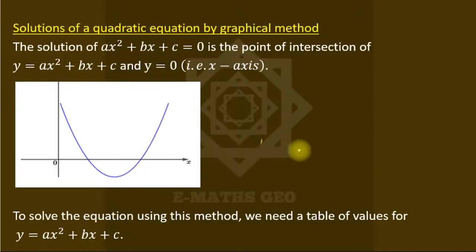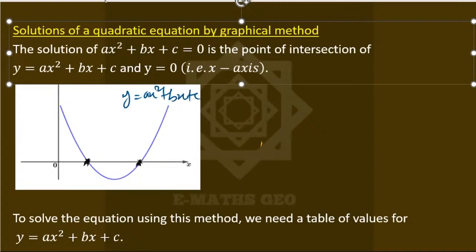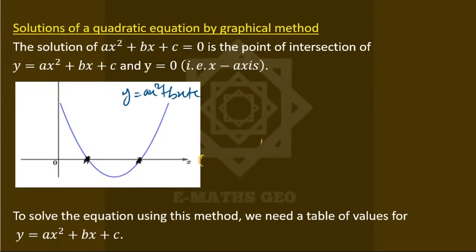So this is concave. Our main aim is that you must look at where it intersects the x-axis. This curve is y equals ax squared plus bx plus c, and this one down here is the x-axis.